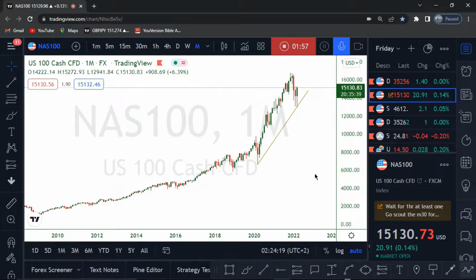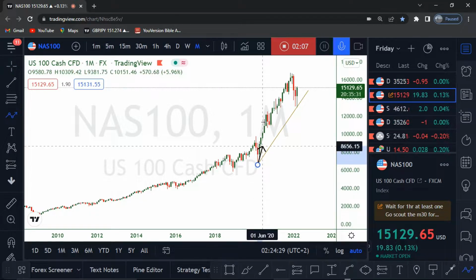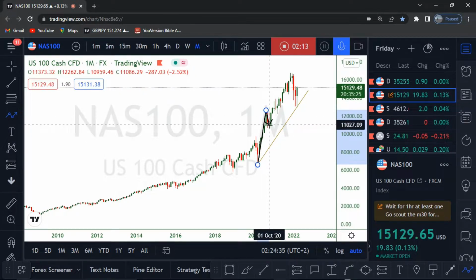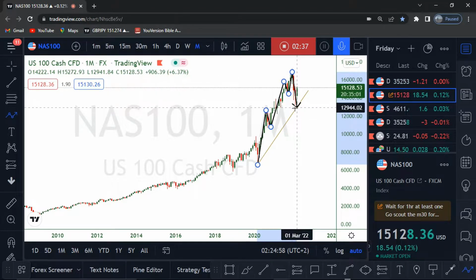Right, let's identify the trend. Now we're making higher highs, higher lows, and pulse up like that, and then higher low, higher high, and we made a new lower high.